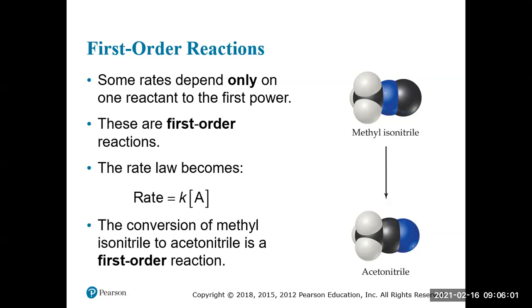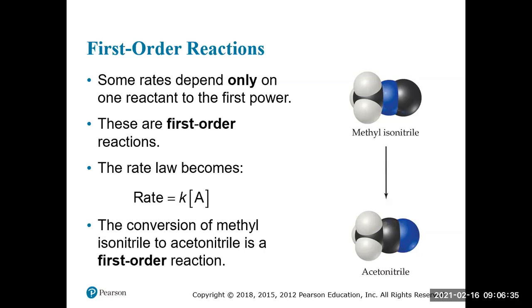In this case, they show us methyl isonitrile going to acetonitrile, and really the only thing that matters is the concentration of that methyl isonitrile. So it's not uncommon to have first order reactions. There are a lot of times where there's one key reactant in the reaction. Even if you have more than one reactant, you have one key reactant, and that concentration is the one that drives the rate of the reaction.